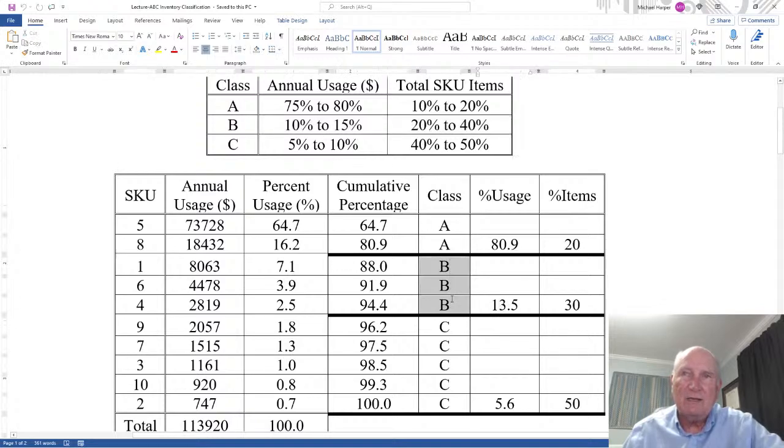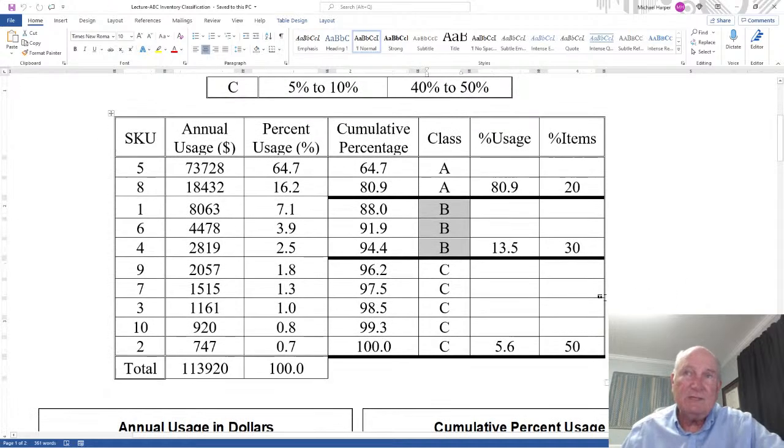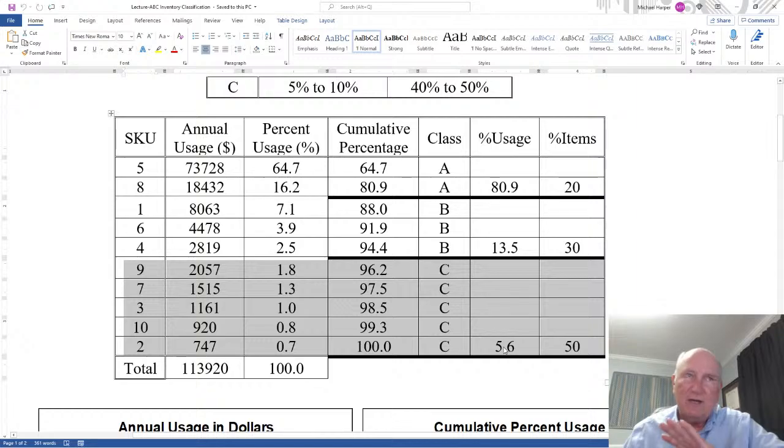I classify those as my Class B items. Now for the rest of the items, I take 100% minus 94.4, which is 5.6. So the remaining 5.6% of my dollar usage, of my dollar asset, of my inventory, is 50% of my items.